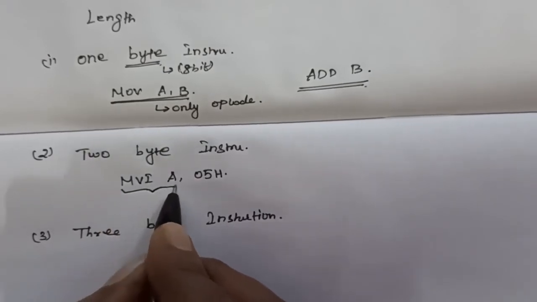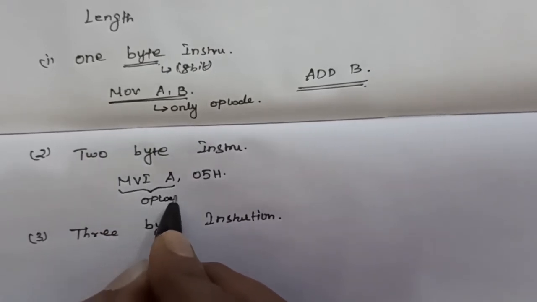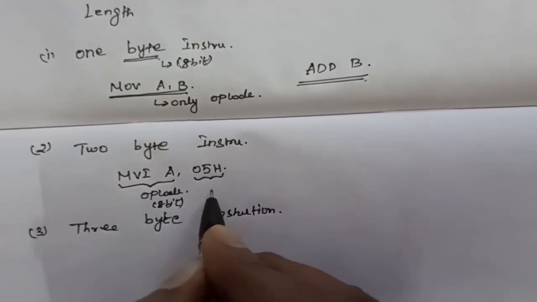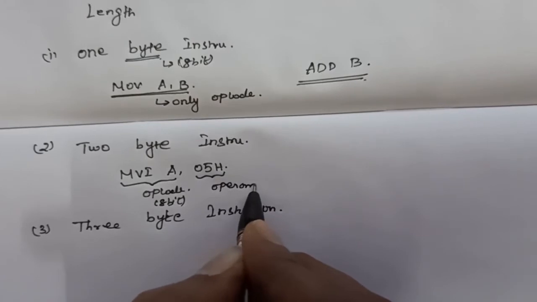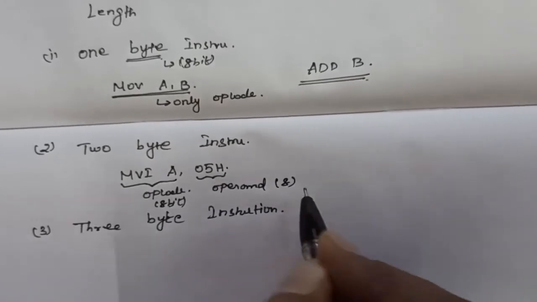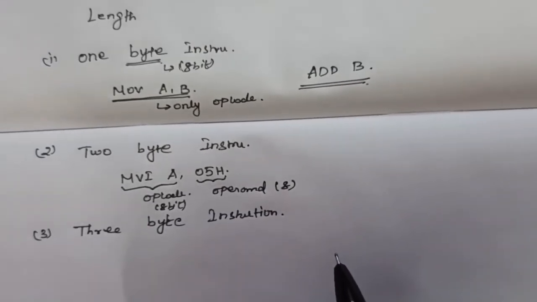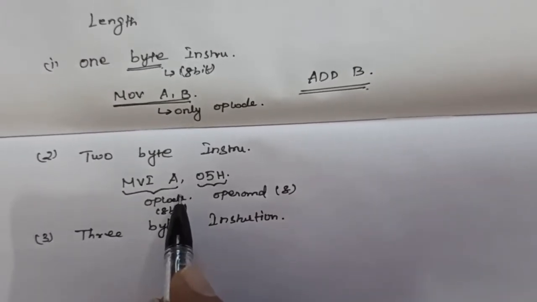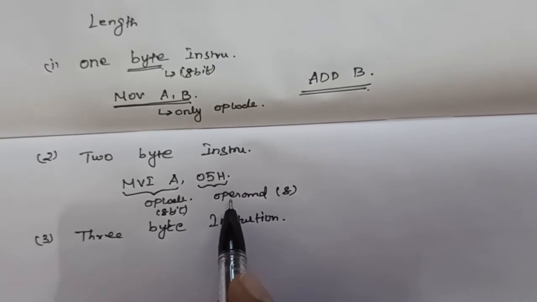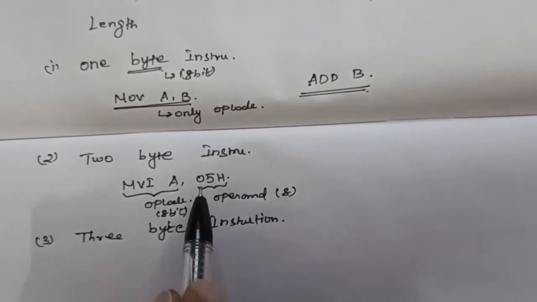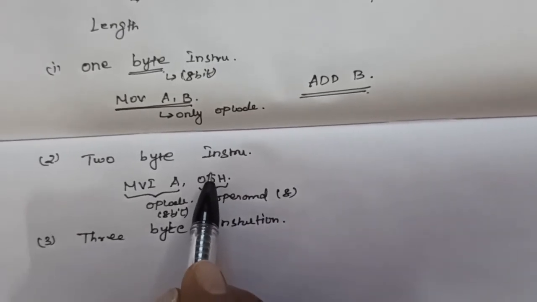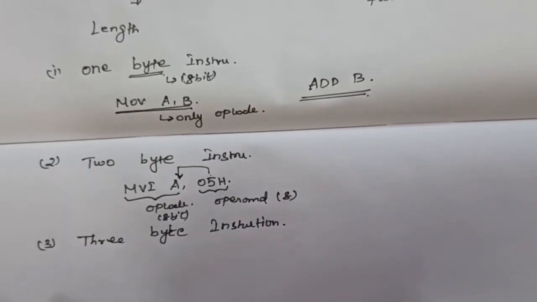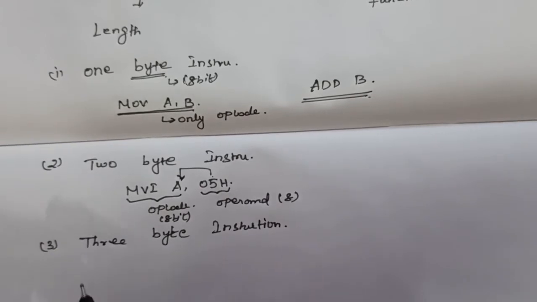MVI A is an opcode, it represents one 8-bit, and 05 is an operand, it represents another 8-bit. After execution of this instruction, it just transfers the 05 value to the accumulator register. So it's called a 2-byte instruction.